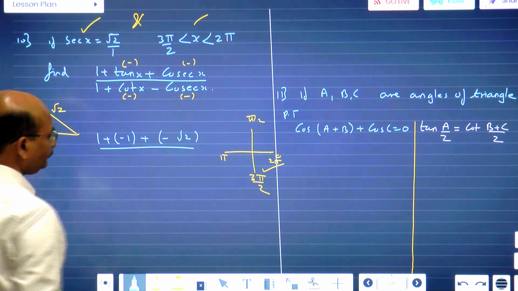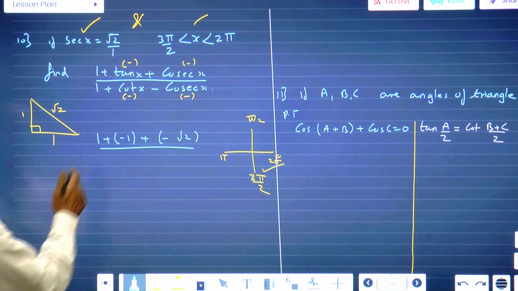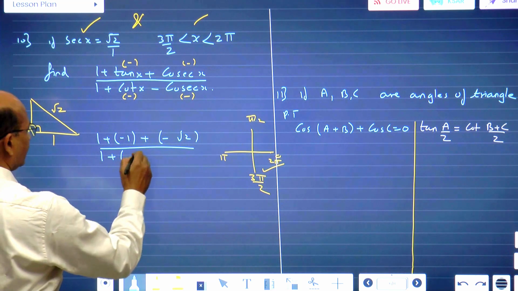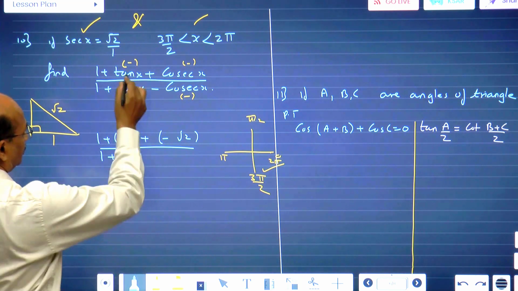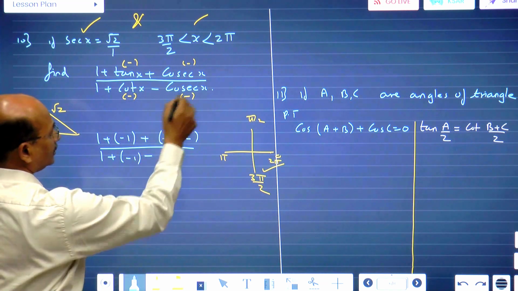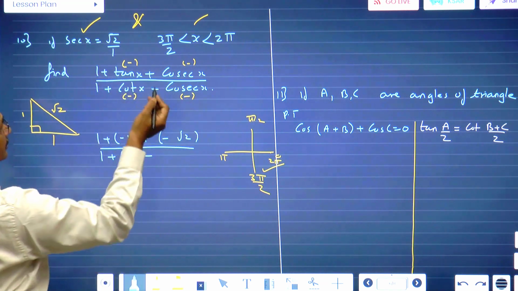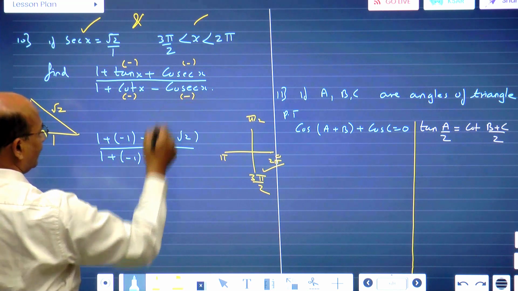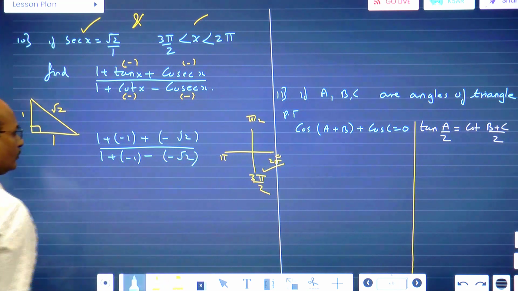Upon, what will happen? 1 plus minus 1, right? Cot x is adjacent upon opposite. Now, minus cosec. Cosec is the same value, but it's a negative sign here, so minus root 2.